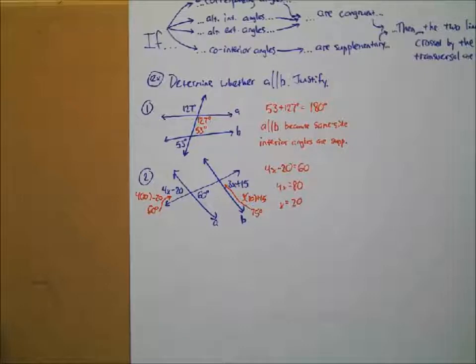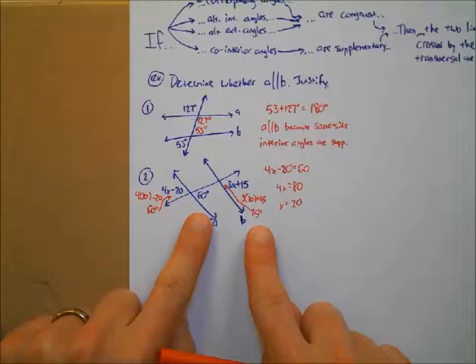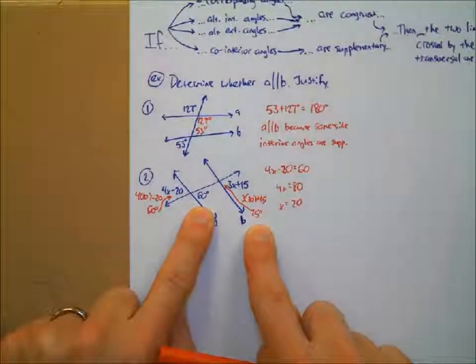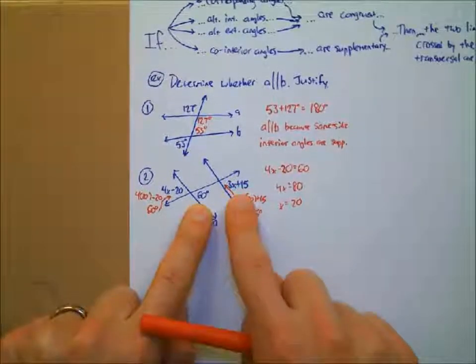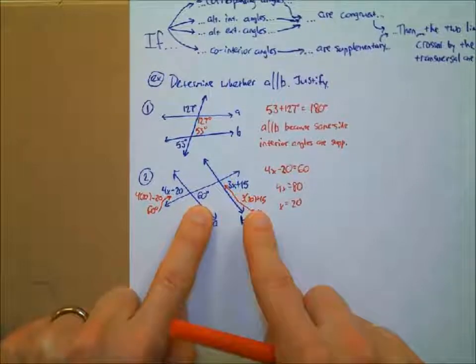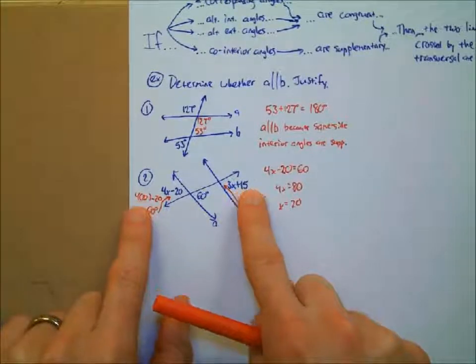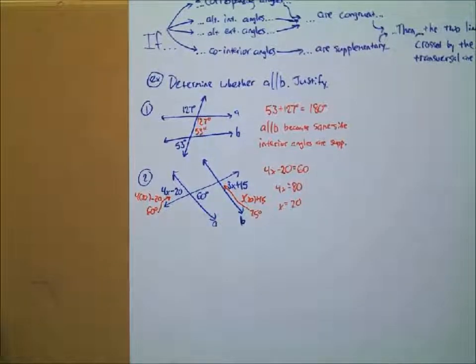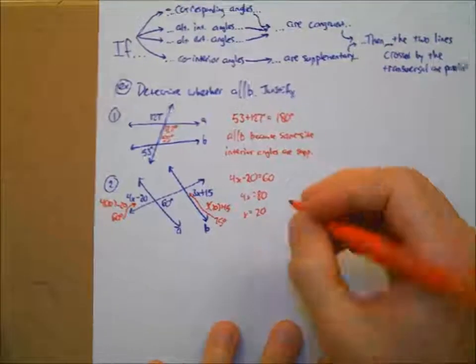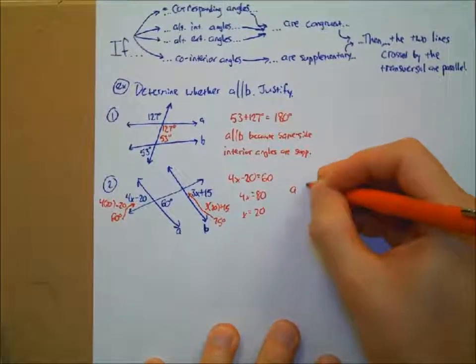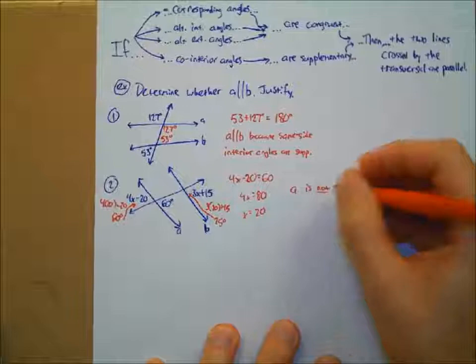Are these two lines parallel? No. Why not? Go ahead, Avery. Corresponding angles are not congruent or alternate exterior. Yeah, either one would be a sufficient argument there. Corresponding, 60 and 75 are corresponding here, right? Not congruent. Or alternate exterior angle 75 to alternate exterior angle 60. Not congruent.